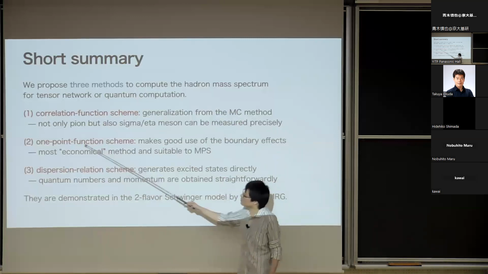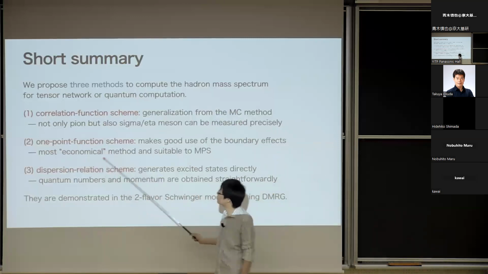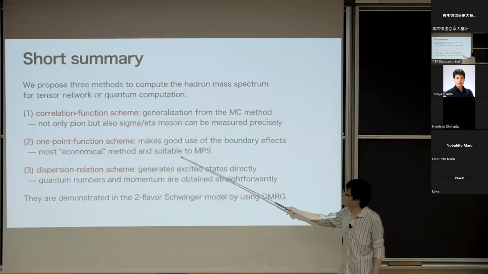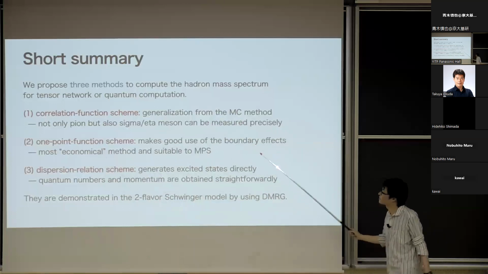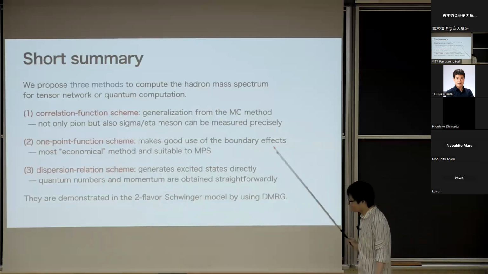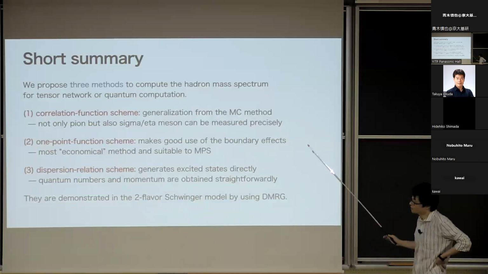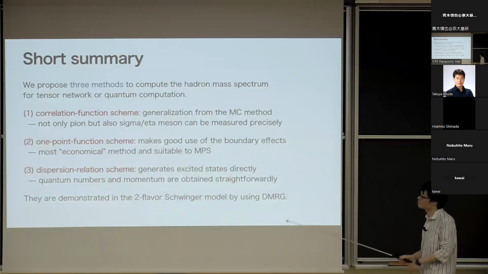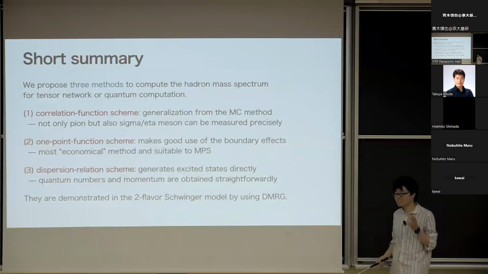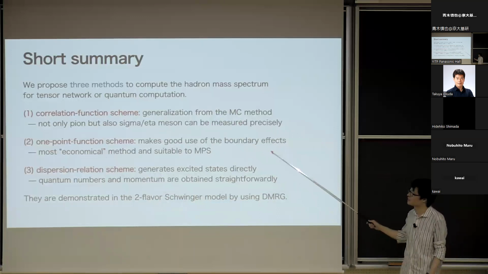And the second method we call the one-point function scheme. In this scheme, we use the boundary effect. We impose open boundary conditions in the simulation. If we are interested in the physics of an infinite system, the boundary effect should usually be eliminated.